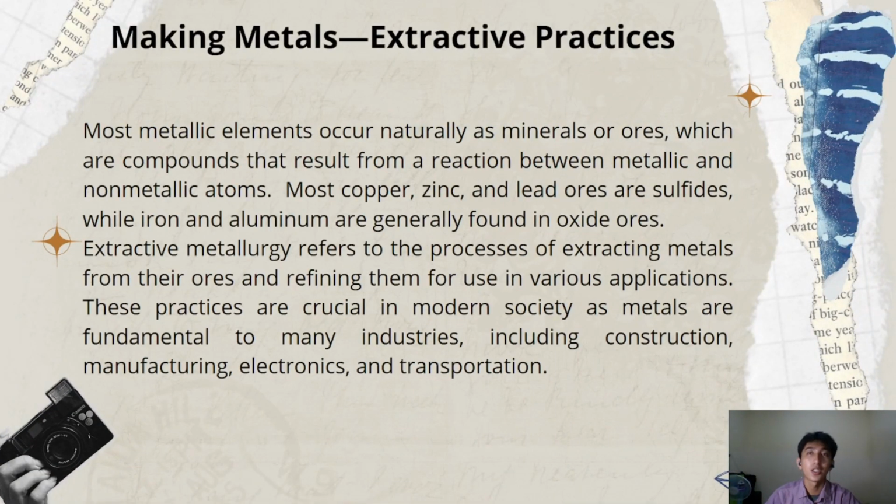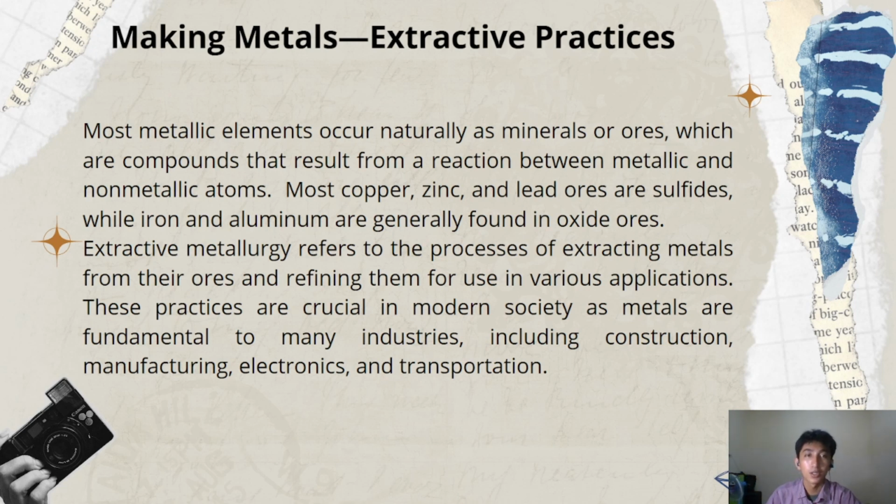Making metals: extractive practice. Most metallic elements occur naturally as minerals or ores, which are compounds that result from a reaction between metallic and non-metallic atoms. Most copper, zinc, and lead ores are sulfides, while iron and aluminum are generally found in oxide ores.